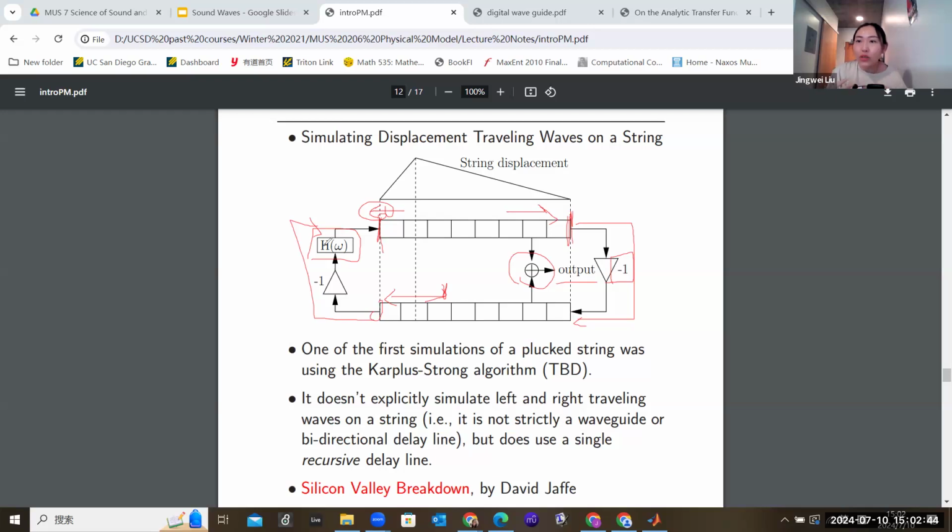The transmission medium will take some energy out of the sound, which will make the sound become quieter, and finally the energy will dissipate and the sound will disappear. That will be simulated by some filter or damping coefficient, etc. So this is the basic model of the computer simulated waveform or wave equation.